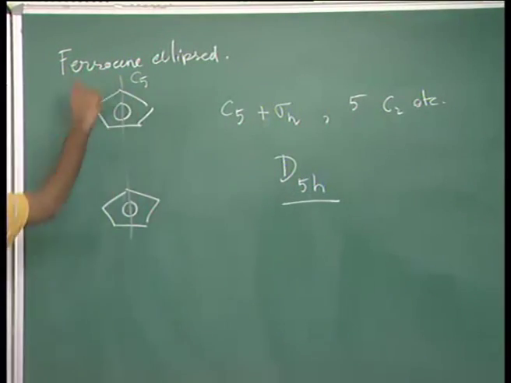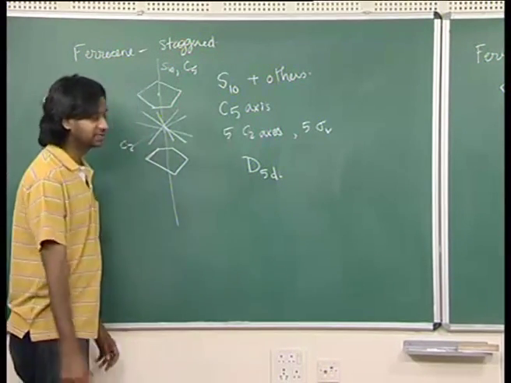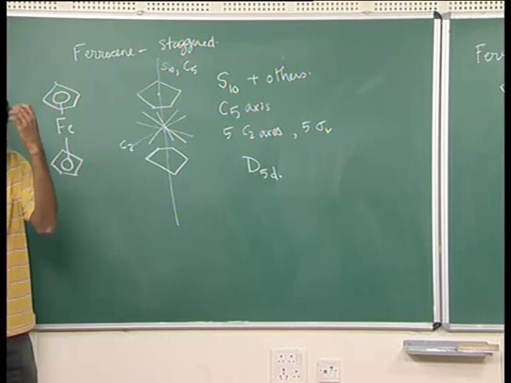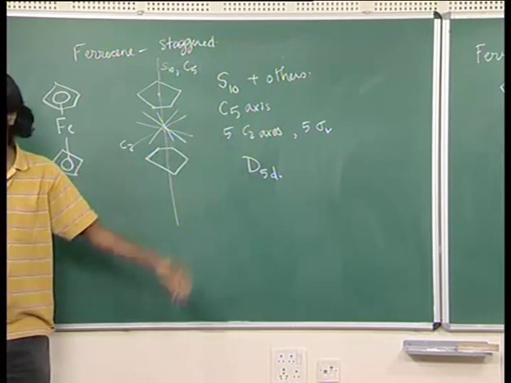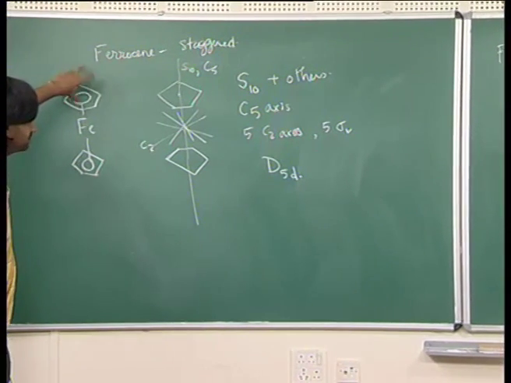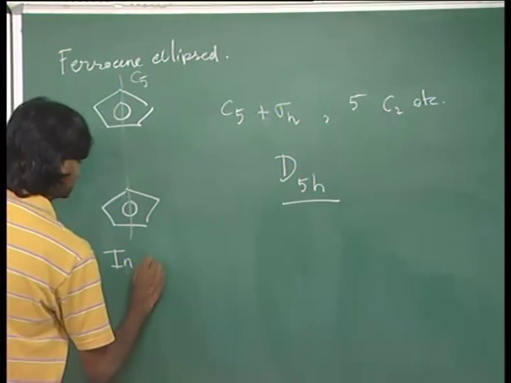If you take something in between, then you will get a different group for that. So you will get something in between these two, and you cannot exactly say what this is.